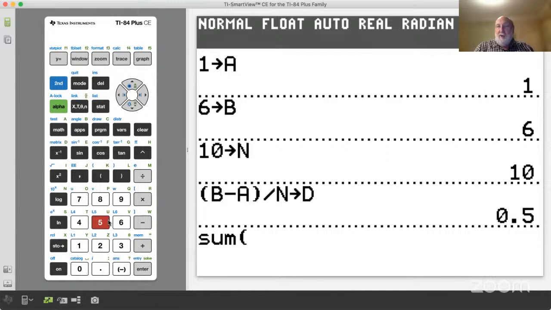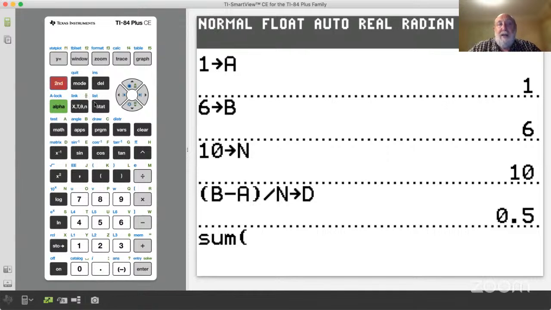And we're going to sum a sequence of values that we get by evaluating our function at each left endpoint, at each subinterval, and then we're going to take each of those values and multiply by our delta x, and then we're going to add those all up together. So what I need to do is make a sequence.